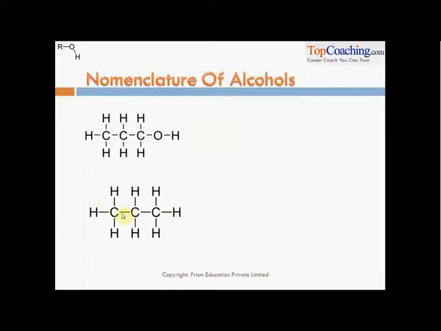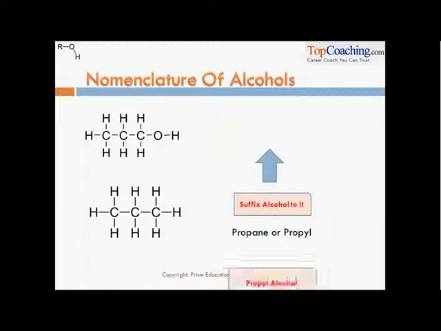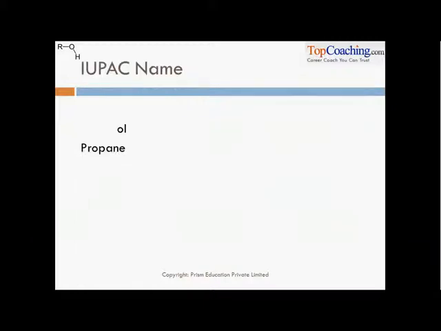And what is this? This is nothing but 3 carbon atoms corresponds to propane or propyl. For the common name, all that we have to do is just suffix alcohol to it and we get the common name, that is propyl alcohol. Right? How about IUPAC name?